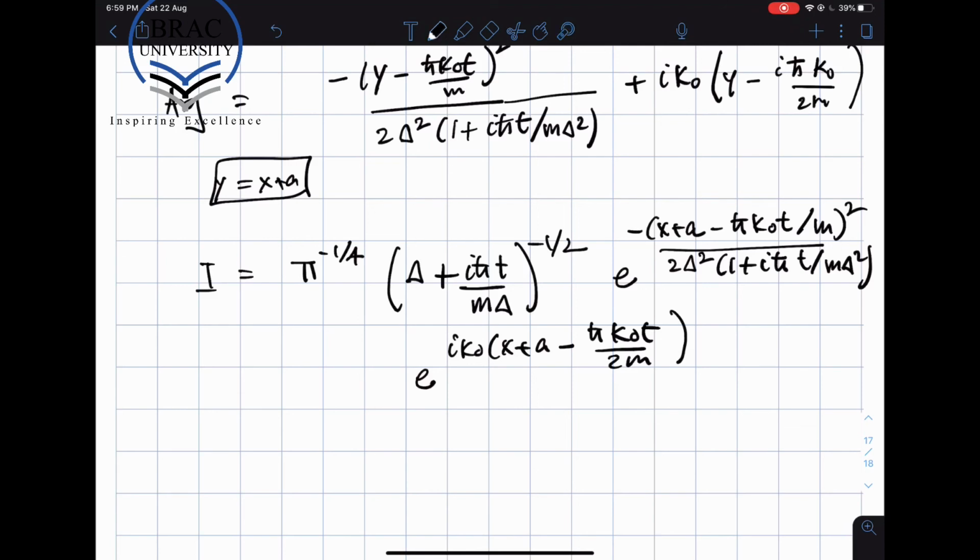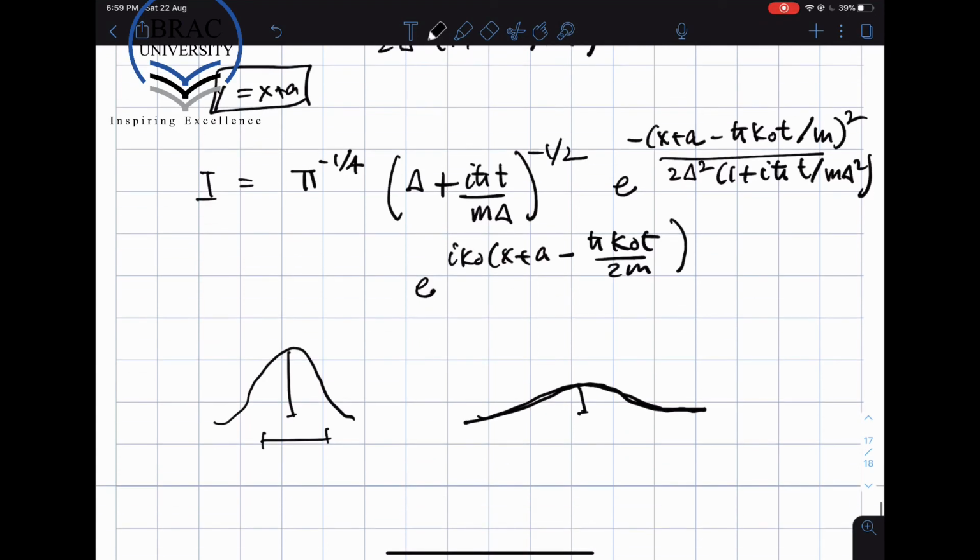If you were to draw a picture, the initial Gaussian is something like this, but as it moves, it spreads out, and the height, the amplitude, is also decreasing. So this is, of course, the width, and this is the height. And this one is just telling you what the momentum information is.